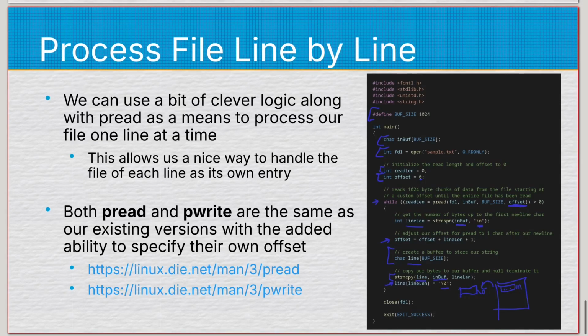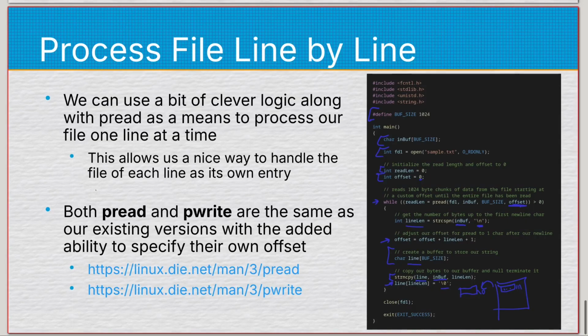So I'm just pulling up to the first newline character out of my entire input buffer into a separate line buffer, adding a null terminator, and I work with line. And then it will continue this process until we reach the last line, and that's how we can process a file line by line.